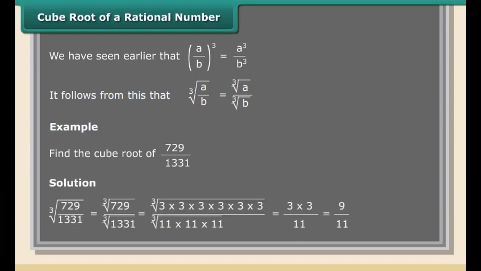Cube root of 729 upon 1331 is equal to cube root of 729 upon cube root of 1331, which is equal to cube root of 3 into 3 into 3 into 3 into 3 into 3 upon cube root of 11 into 11 into 11, which is equal to 3 into 3 upon 11, which equals 9 upon 11.